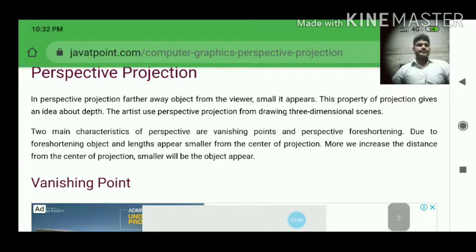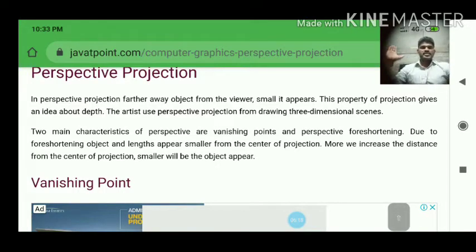I will show you one figure, then you can come to know what perspective projection is. Look here. Here it shows a 3D object, and one person is standing; the person is able to see one object far away from that particular person.